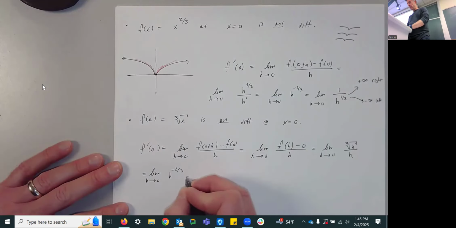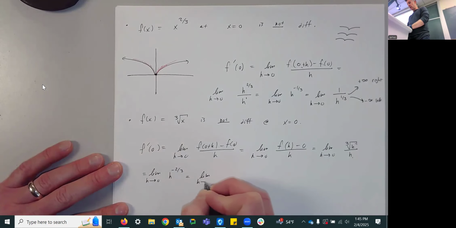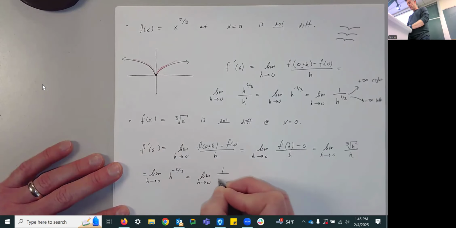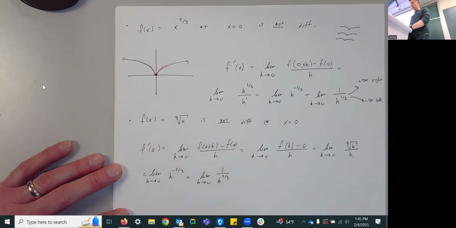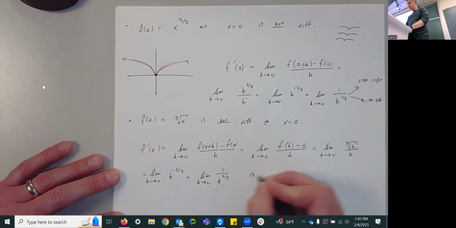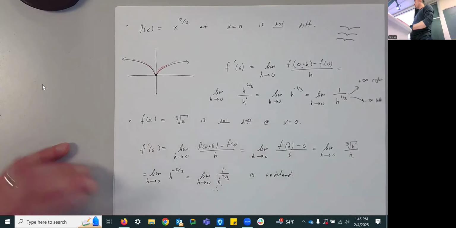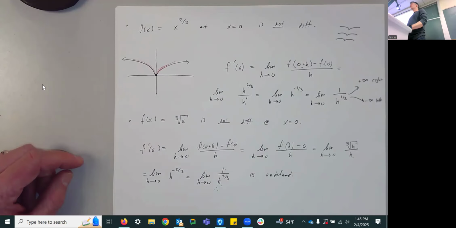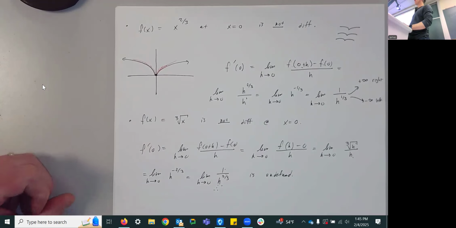Because if we rewrite it, we are much better at seeing that, okay, we have 1 over h to the 2/3 power. If I plug in 0 here, 1 divided by 0, let's see, 0 squared is 0, and the cube root of 0 is still 0. 1 divided by 0 is undefined. I will point out, this function does have a tangent line at the origin, even though it's funky.